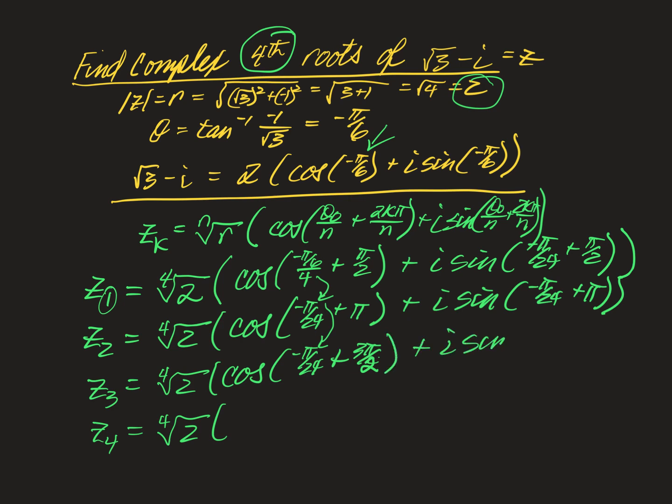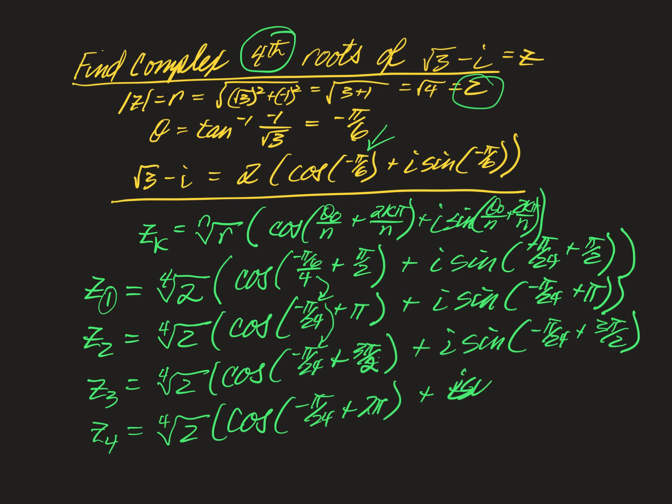Plus i sine of negative pi over 24 plus 3 pi over 2. And then cosine of negative pi over 24 plus 2 pi. Add another pi over 2 in this case.